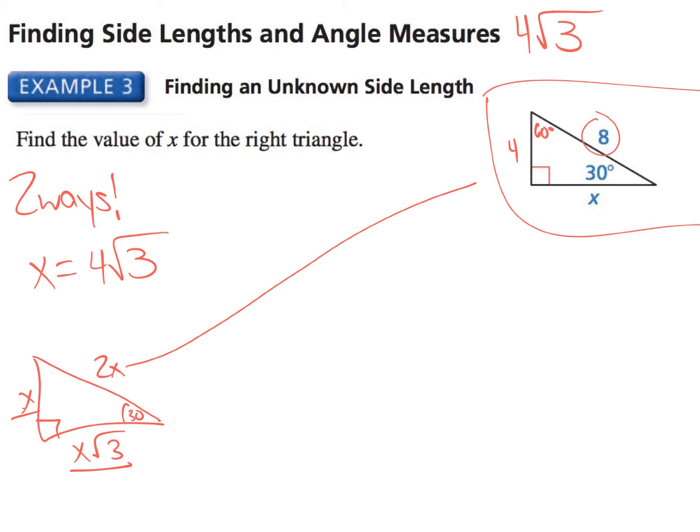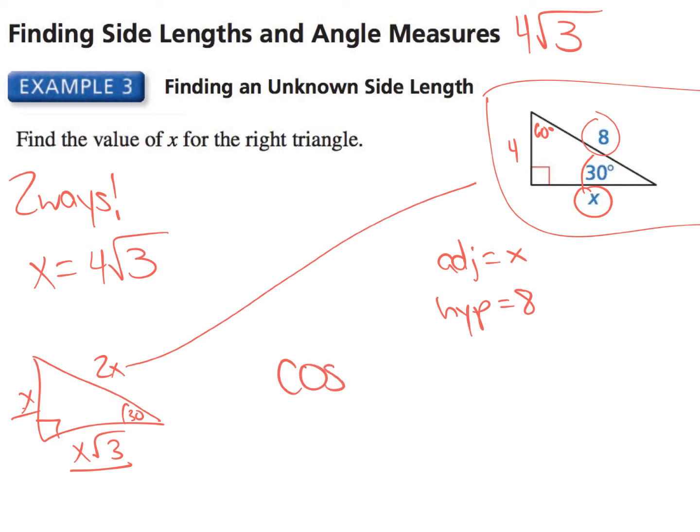Now, if you need to use the calculator, you can. What you're going to do is look at this angle. X is adjacent, and hypotenuse is 8, okay? So we have adjacent over hypotenuse, which means we can use cosine.